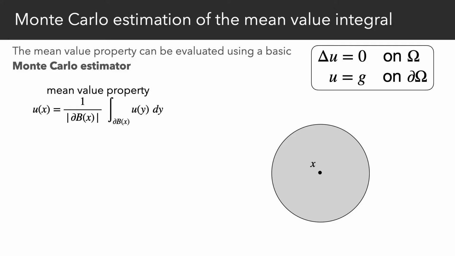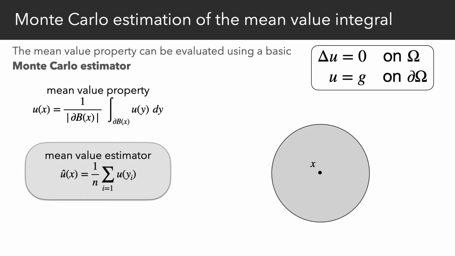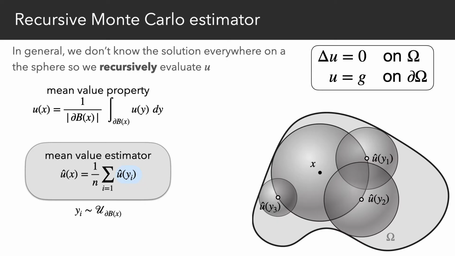If we apply the basic Monte Carlo estimator from the previous section, we obtain an estimator for the mean value integral where the volume terms cancel out. We can evaluate this estimator by sampling points uniformly on the sphere and estimating the solution at each sample point. We use the same mean value estimator to estimate the solution recursively at the sample points, but unfortunately there's a problem with this approach.